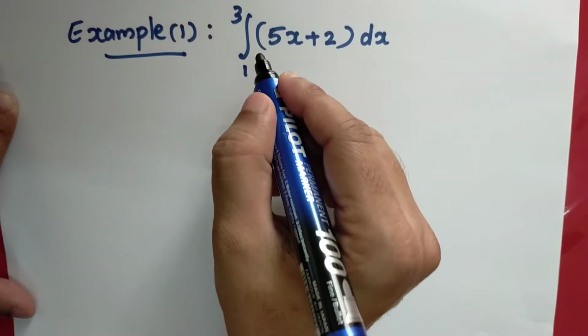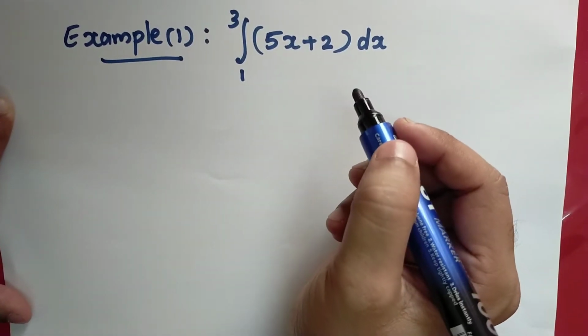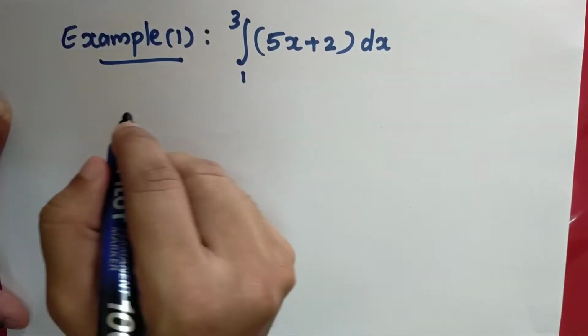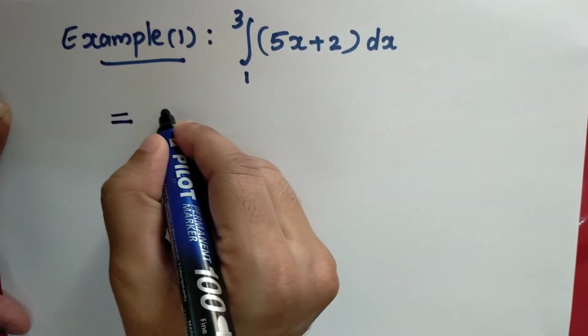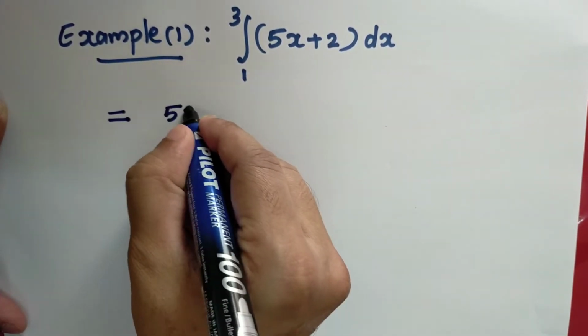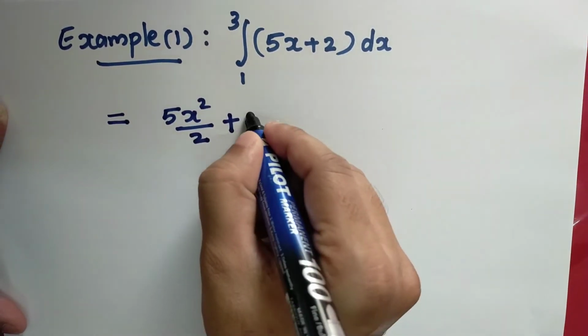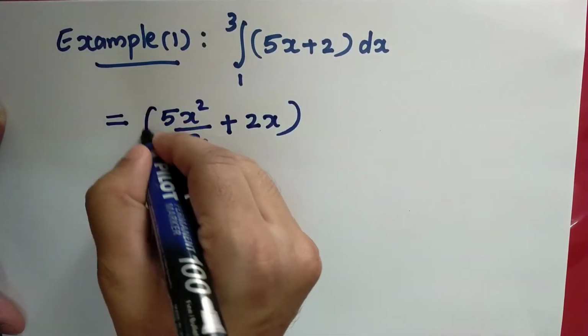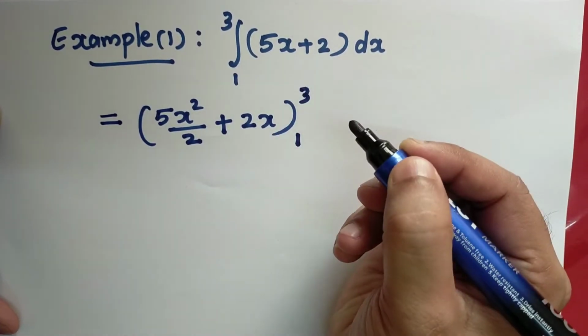Example 1, integral 1 to 3 of 5x plus 2 dx. Here, as usual, first we will integrate the function. So this is equal to the integral of 5x, which is 5x power 2 by 2, plus integral of 2, which is 2x. Then apply the lower limit 1 and upper limit 3.